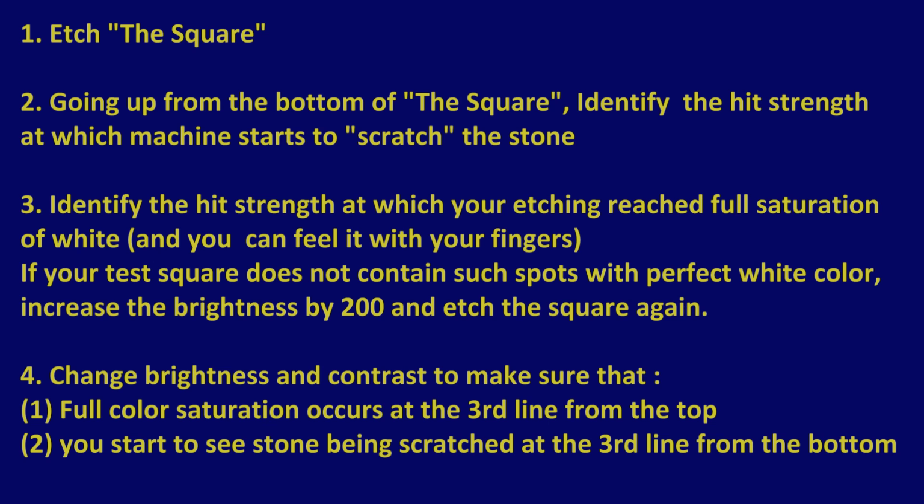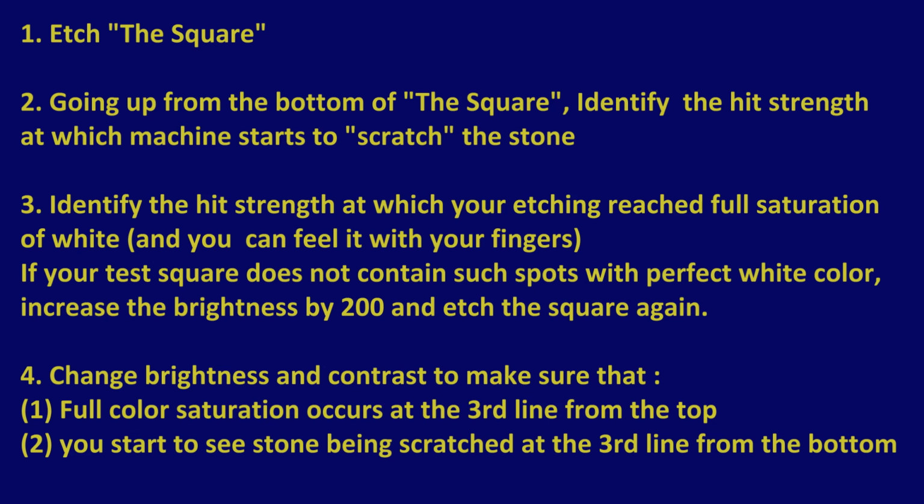Step number 2, look at that square and you need to identify heat strengths for 2 specific cases. You need to find out what was the heat strength when you just start to see the stone being barely scratched, and you need to identify the heat strength at which you see the full saturation, the white color, where you can feel it with your fingers, but not too deeply going into the stone.